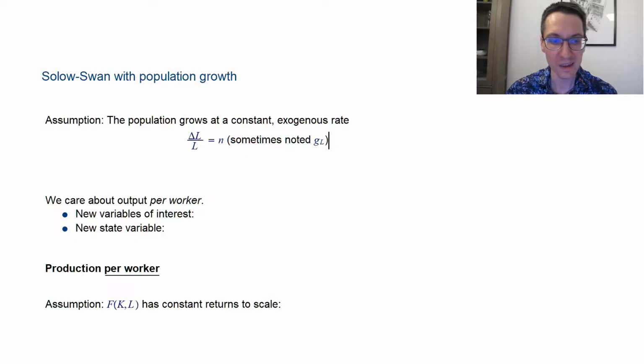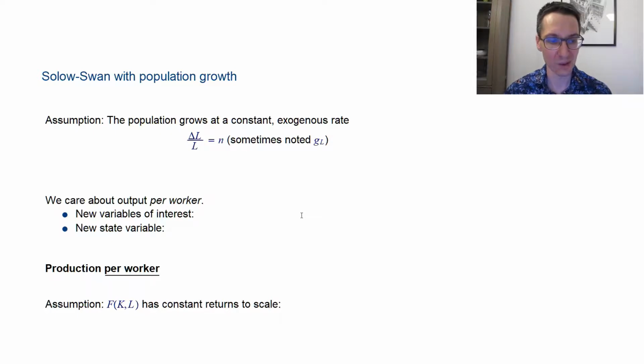All right. So then, if K is not stable over time, what is going to be stable? What variables are actually going to allow us to keep track of the model? Well, the trick is going to be to not use level variables like K or Y, but per worker variables.